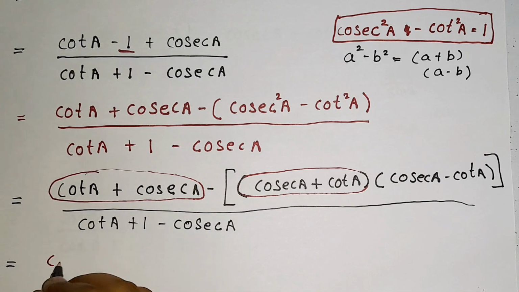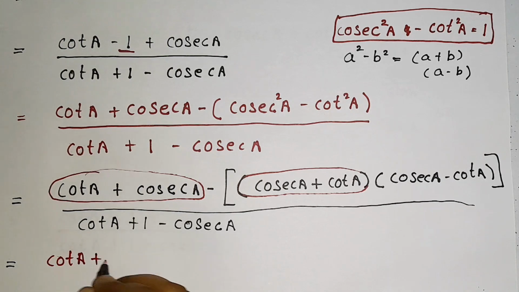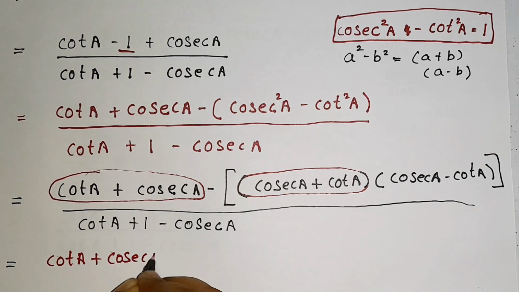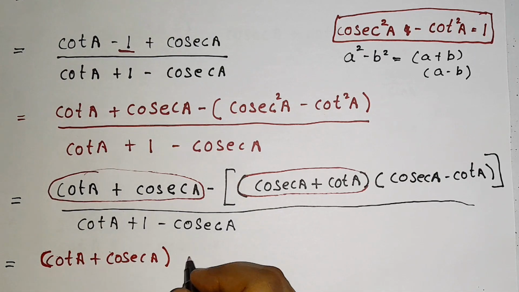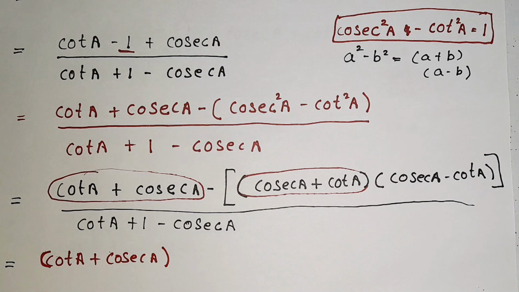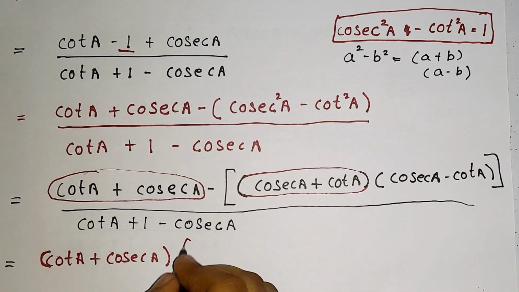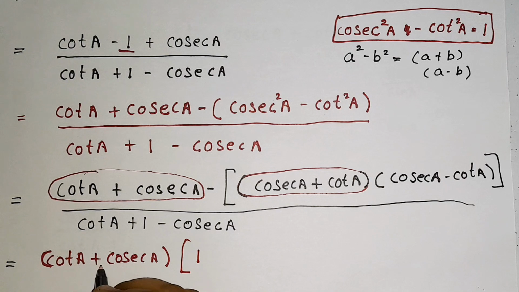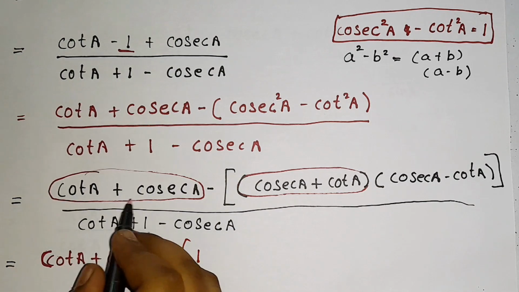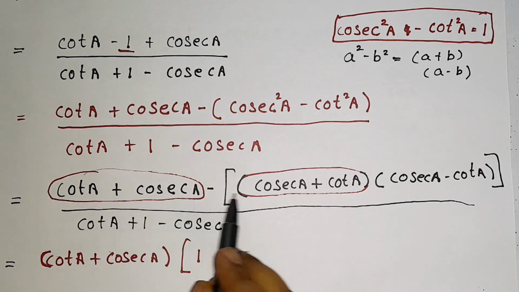I am going to take cot A plus cosecant A as common. Then I can put the bracket, and 1 into cot A plus cosecant A is cot A plus cosecant A, isn't it? We should get the above values.